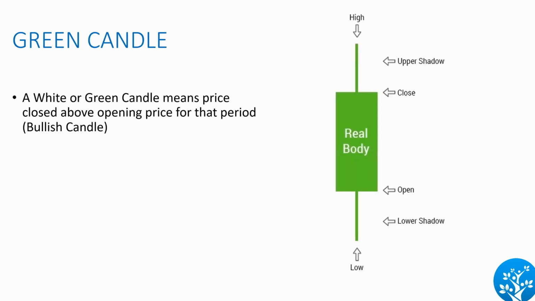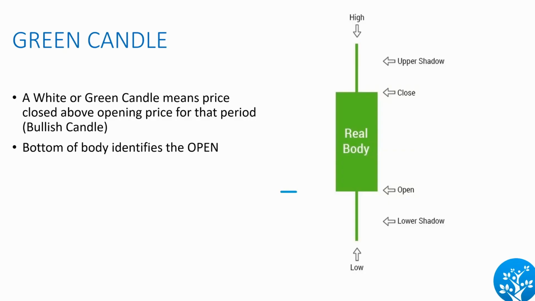Means in the body, the lower part of the body is the open and the upper part of the body is the close. This is a bullish candle because in that period, after opening, the price must have gone up to close above. That's why we call it a bullish candle. The bottom of the body identifies the open and the top of the body identifies the close. That is a green color candle.